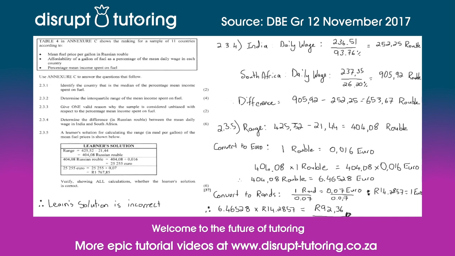And that's the end of quite a hard question with exchange rates and converting ruble to euro to eventually rands, but we got to the final answer in the end.